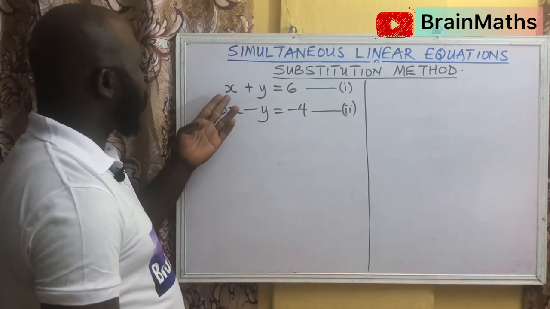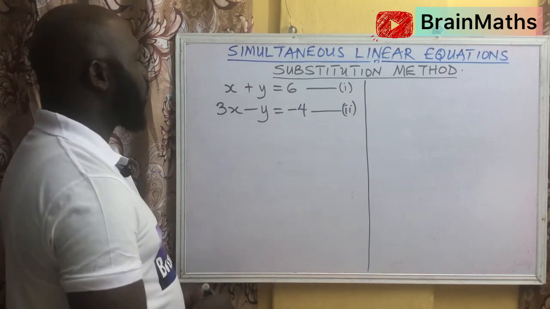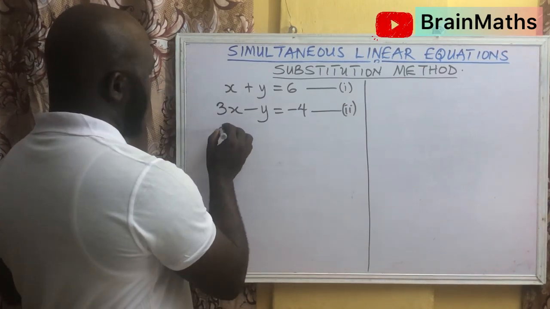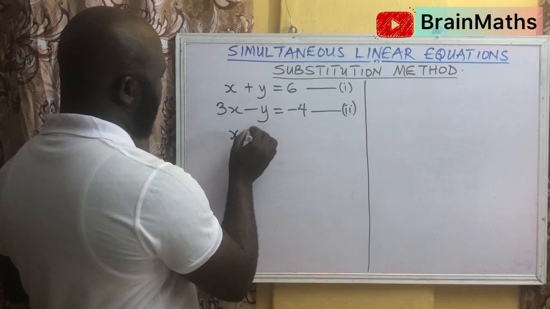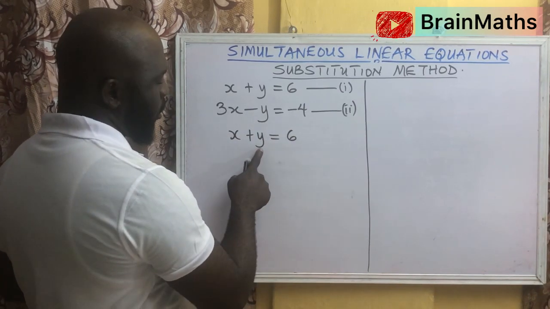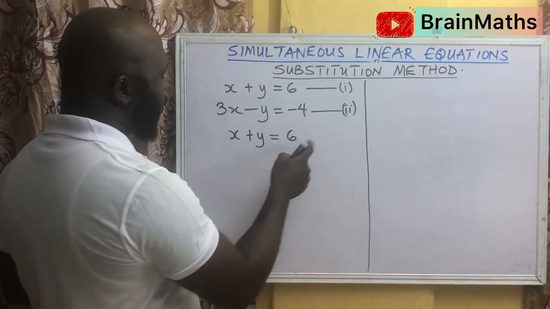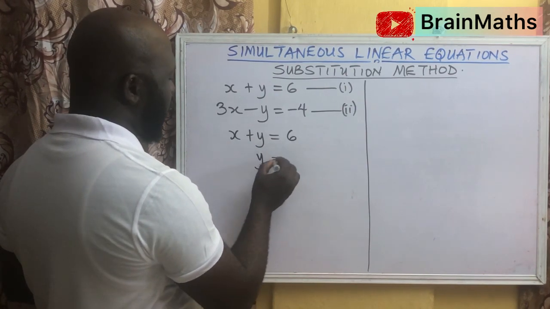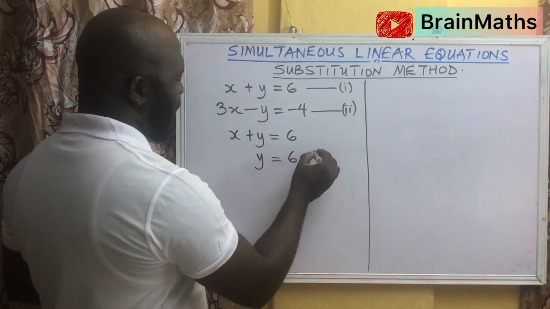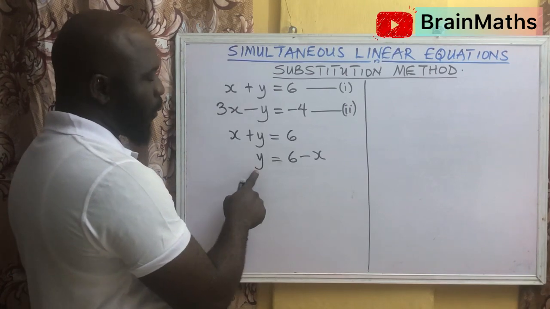So let's try to make y the subject of this equation. So we say x plus y equals 6. In order to make y the subject, x will move to the other side. So we have y equals 6 minus x. So we want to substitute this for y.